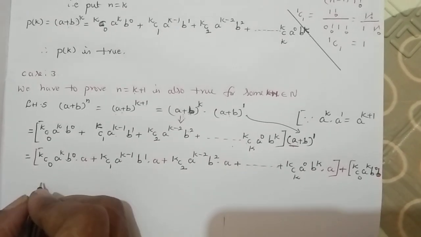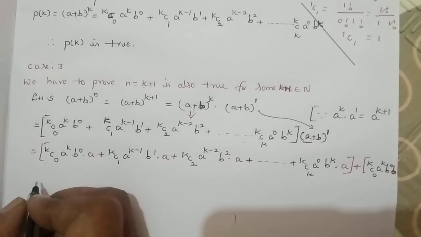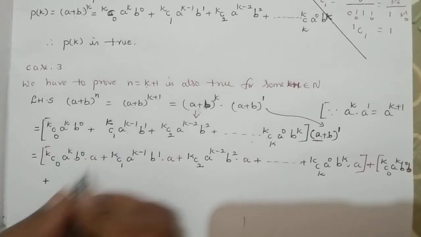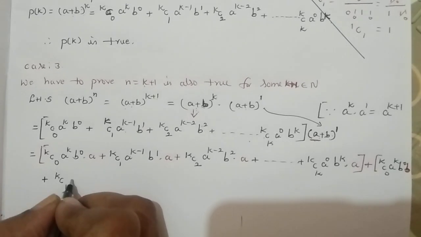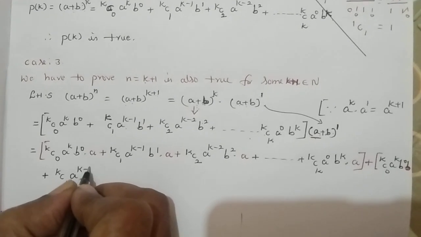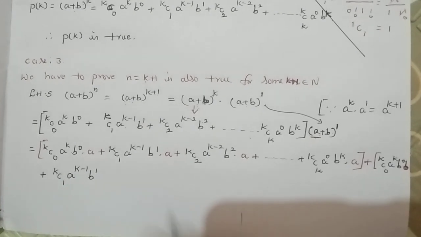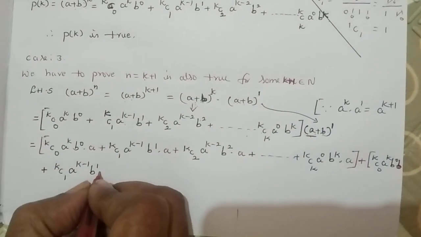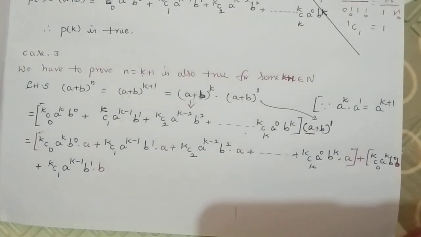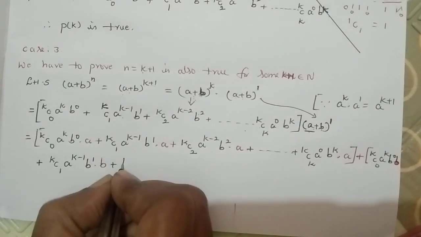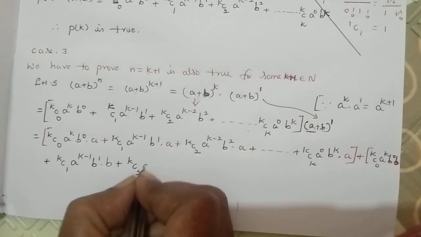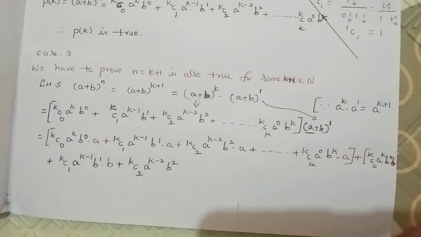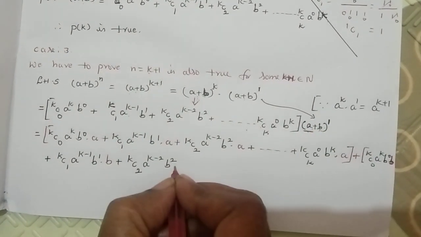Next, continuation, plus the second term kC1 a^(k-1) b^1, we are multiplying with the second variable b.